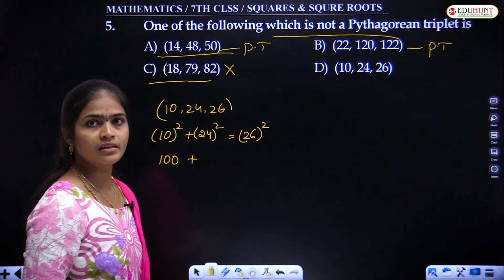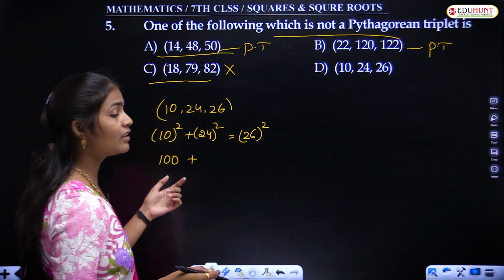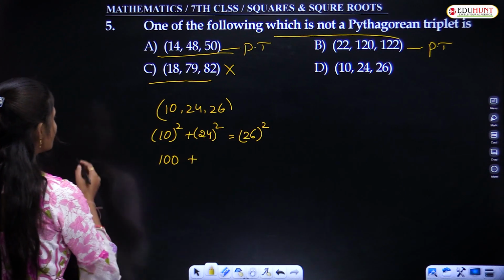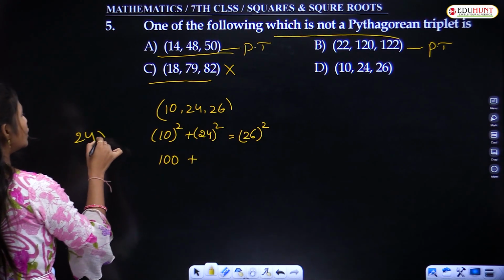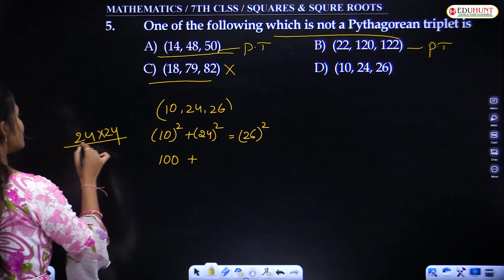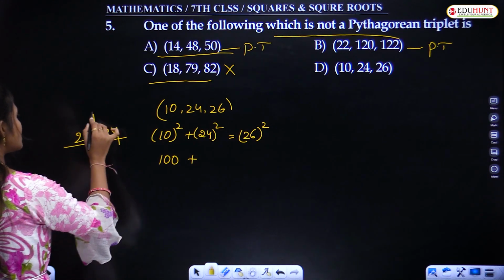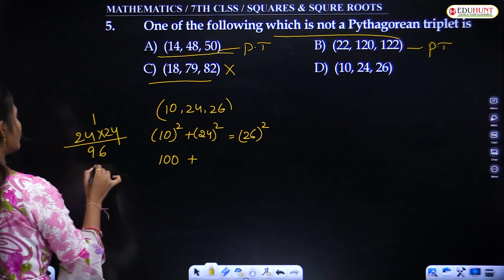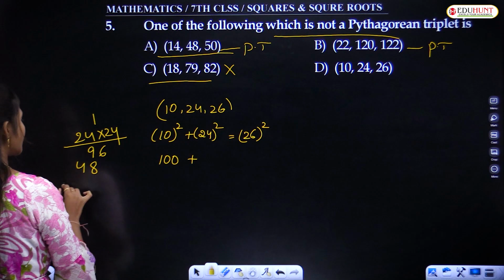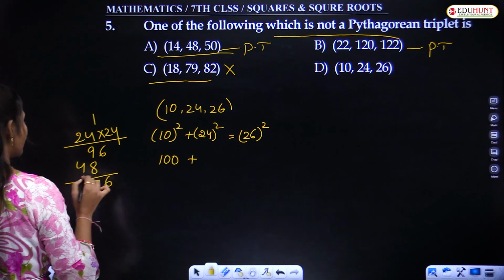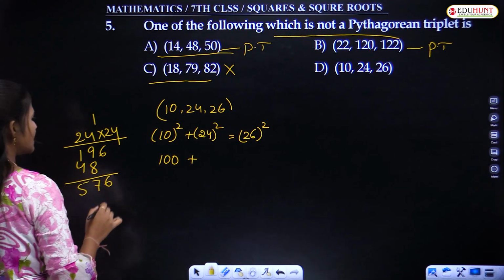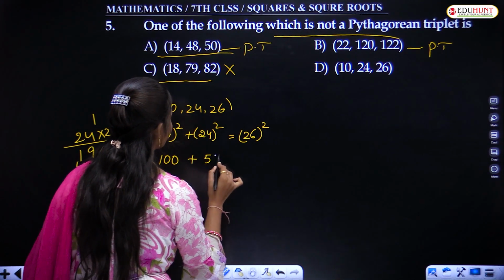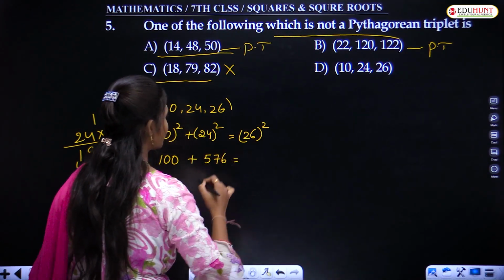Do you know that? You have to learn, but if you don't know, then follow this. 24 into 24. 4 4s 16, 4 2s are 8 plus 1 is 9, 2 4s 8, 2 2s 4. So 6, 17, 576. So this value is equal to 576.